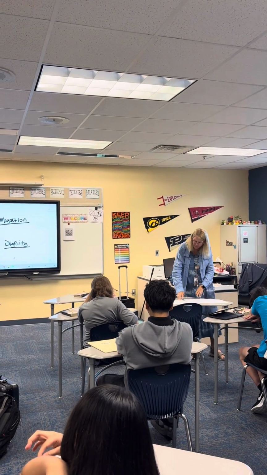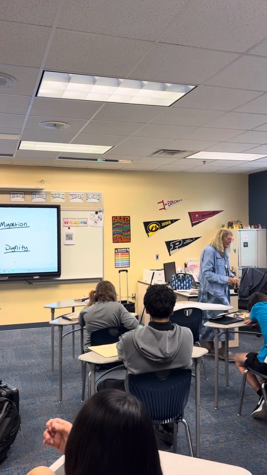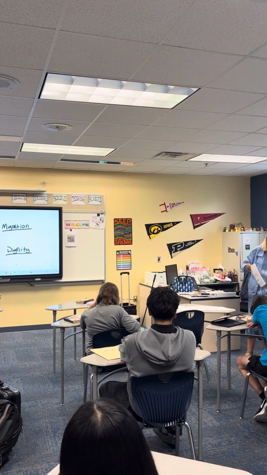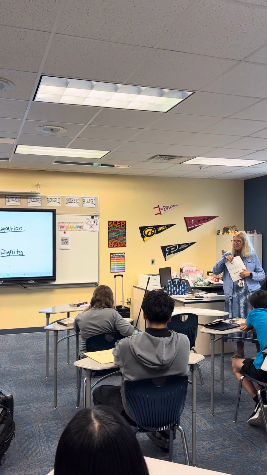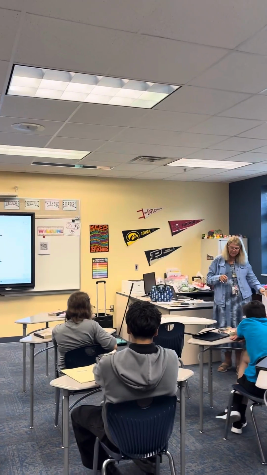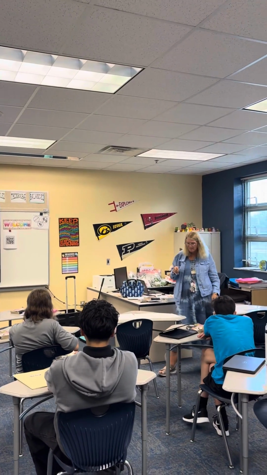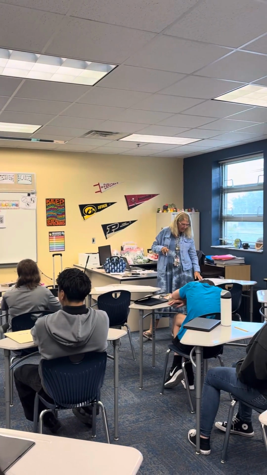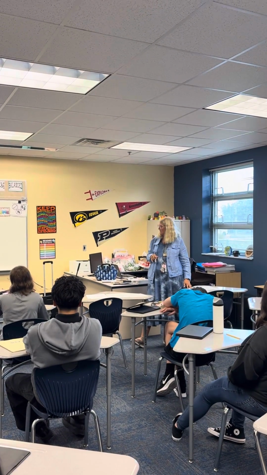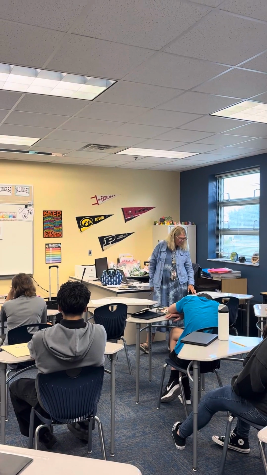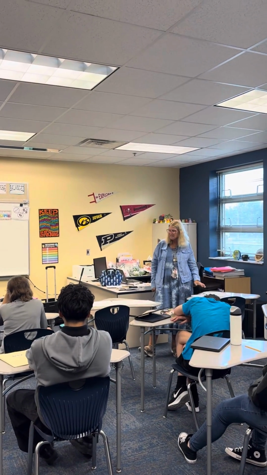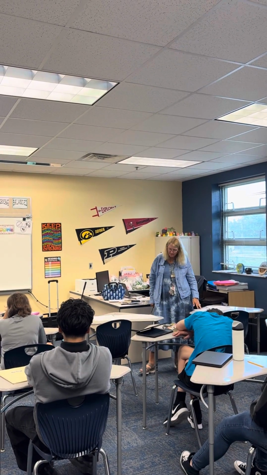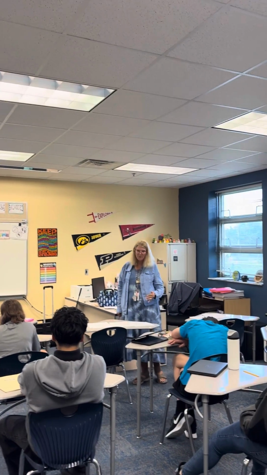So what I want for you guys to do today is I'm going to give each one of you one of these Freyer models with vocabulary words on there that should be familiar to you from reading Inside Out and Back Again. You're going to provide the synonyms and the antonyms that I just talked about. And then also you're going to give a definition of the word and give me an example of the word.